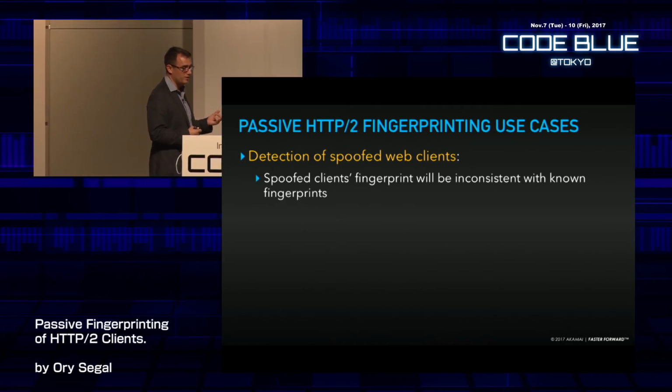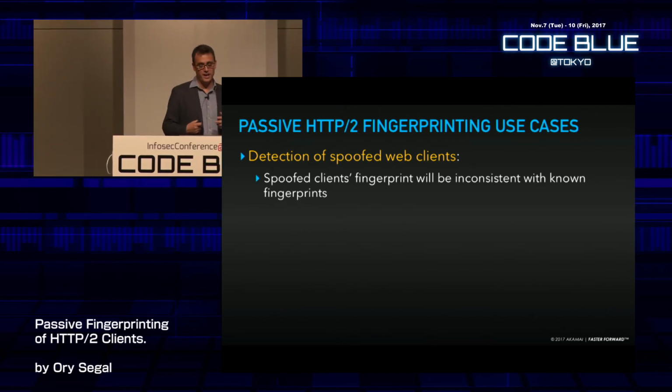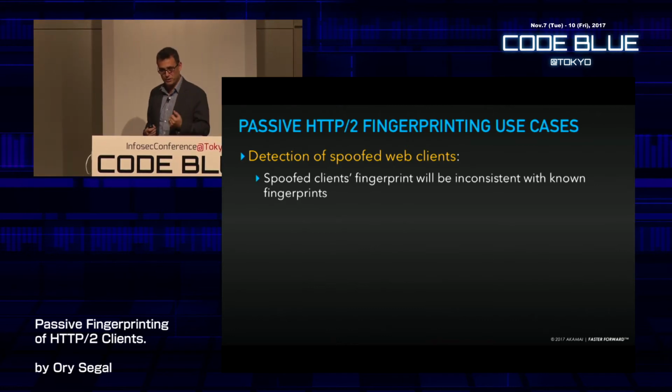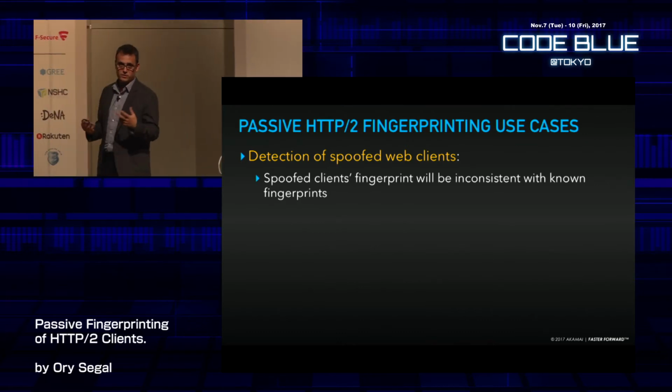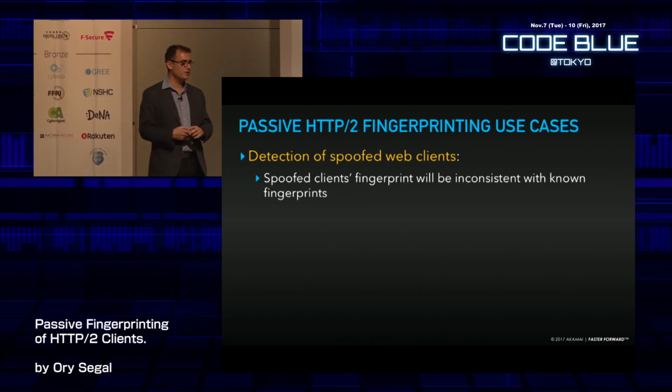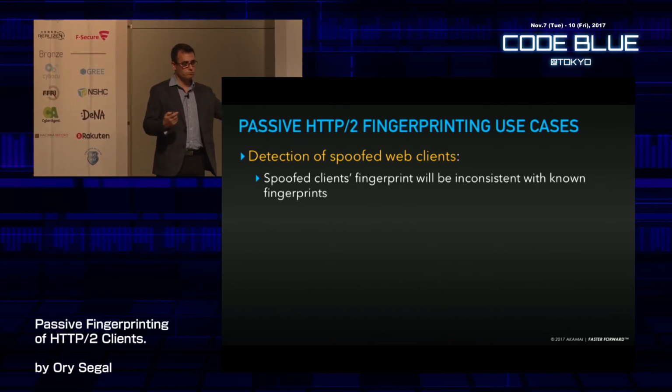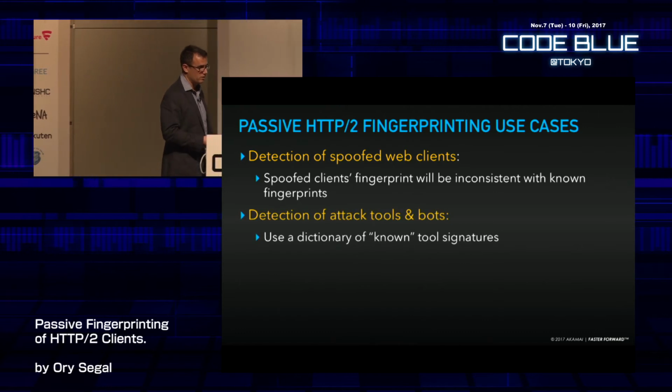If we know how the HTTP 2 fingerprint looks for a given user agent, we can check this inconsistency and figure out that somebody's trying to lie to us. That's very easy. You see somebody claiming to be Chrome, but the header order looks like OkHttp. It's obviously a developer or some security pen tester that is spoofing the user agent.